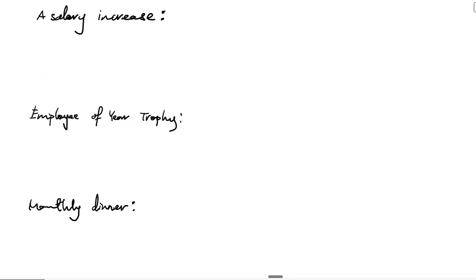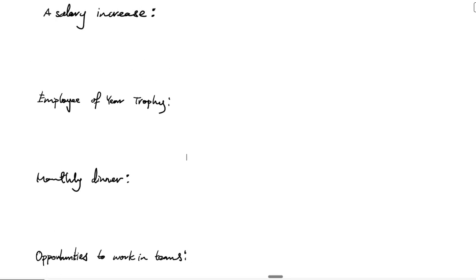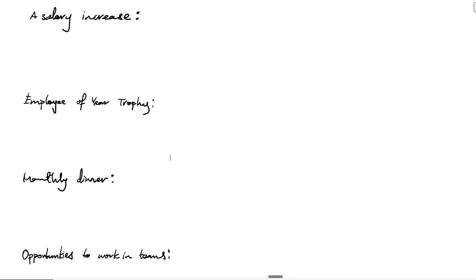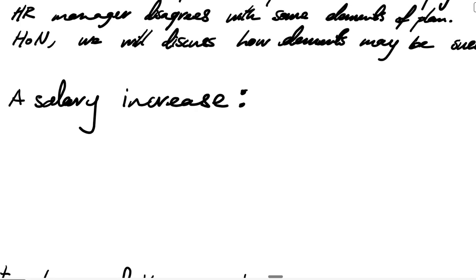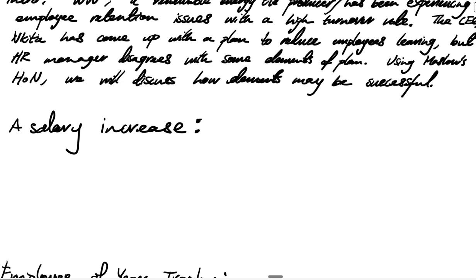So first, let's allocate these to Maslow's hierarchy. Where do these land? The salary increase. So we're told that it's above the industry average. So maybe it's not a basic salary, but salary typically lands in the basic physiological needs, right?